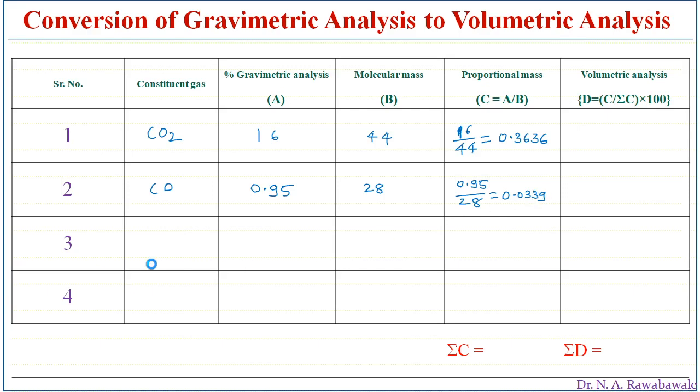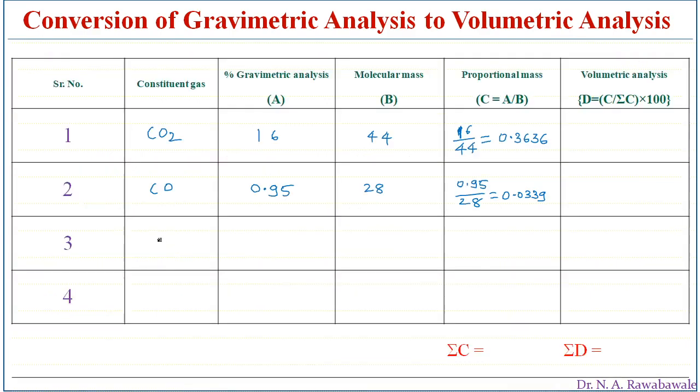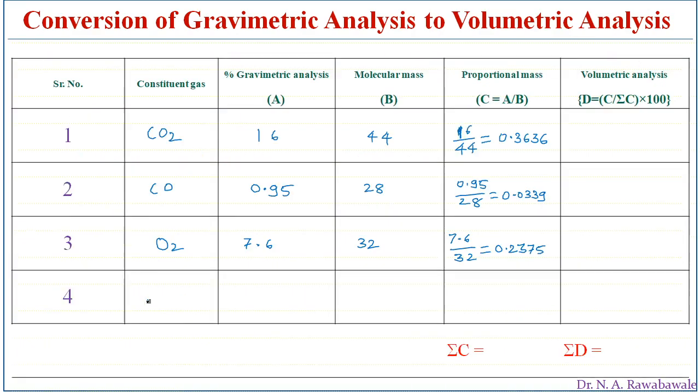Then the next constituent is oxygen, 7.6%. The molecular mass of oxygen is 32, so 7.6 divided by 32 works out to be 0.2375. And the next constituent is nitrogen, 75.45.